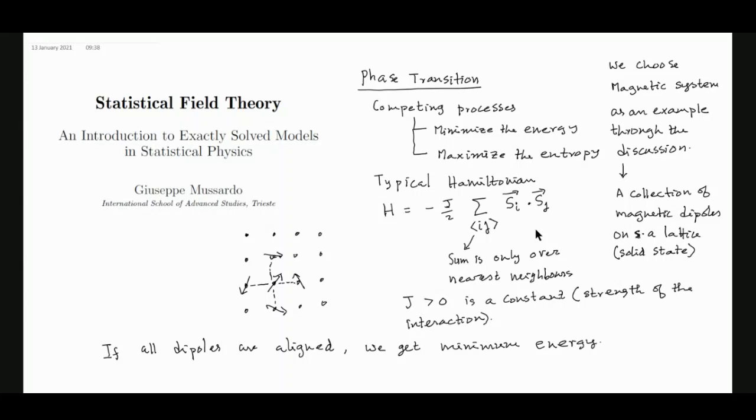These two competing processes lead to a phase transition. If maximization of entropy is the only process in operation, you always have a disordered phase. If minimization of energy is the only process contributing, you always have an ordered phase.